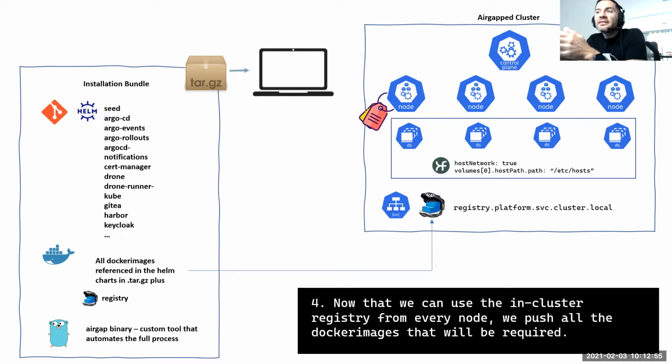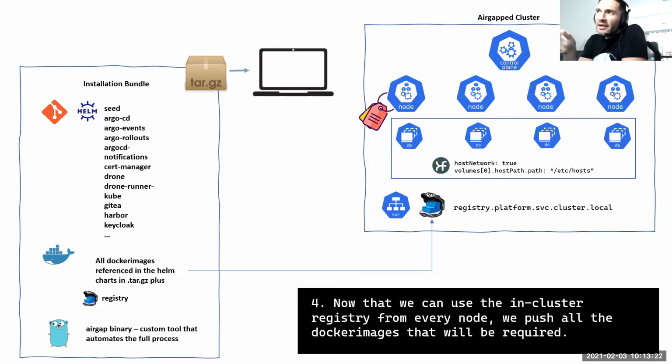Once we have that, then we take all the images that were in the bundle and we push them to the registry, which means now we have a registry.platform.service.cluster.local Docker registry with all the images that all our Helm charts are going to need available in all the nodes of the cluster, right? Because we're running this daemon set that will route traffic to the registry inside the cluster.